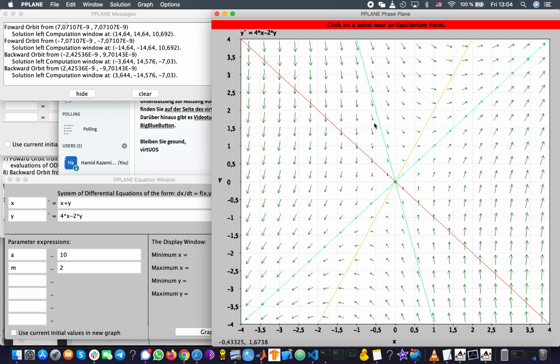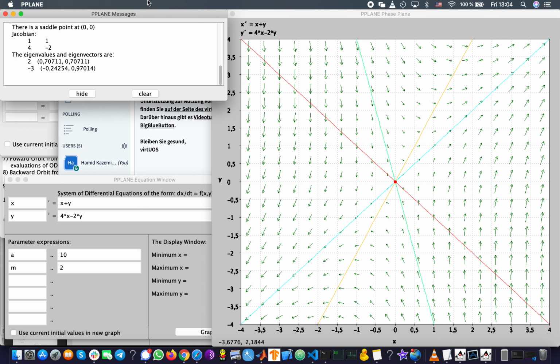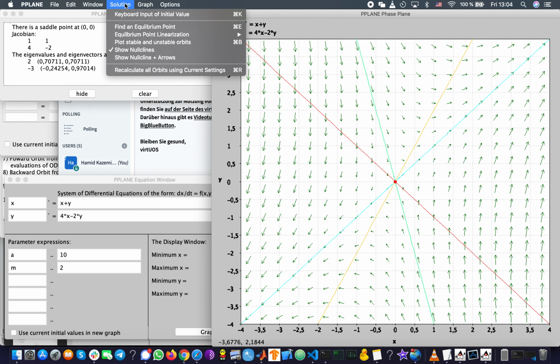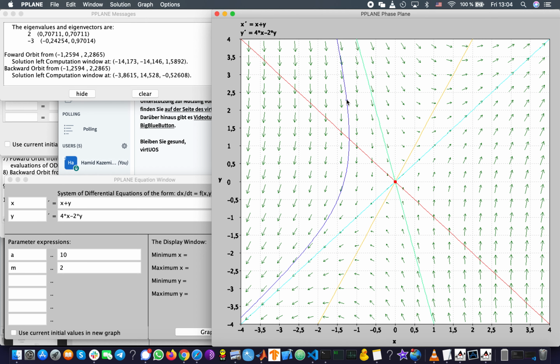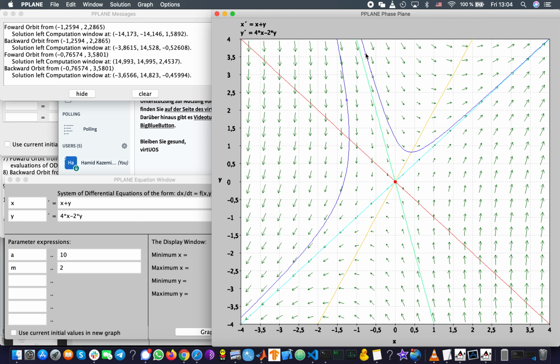So find the equilibrium point. Again, here this is the equilibrium point, and if I want to see this trajectory, you see that it is crossing the null line, but these stable and unstable orbits that we talked about, these are the intersection, and you can also find this in the lectures by Professor Pipa, and these are the regions that actually change.